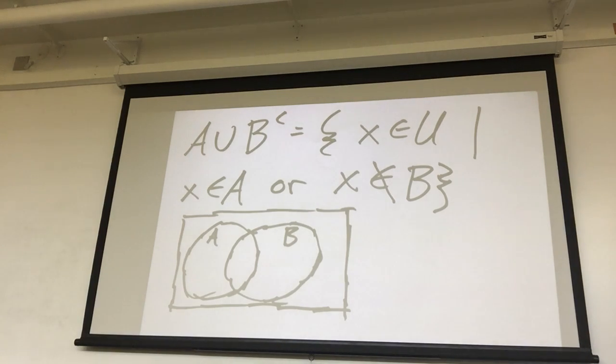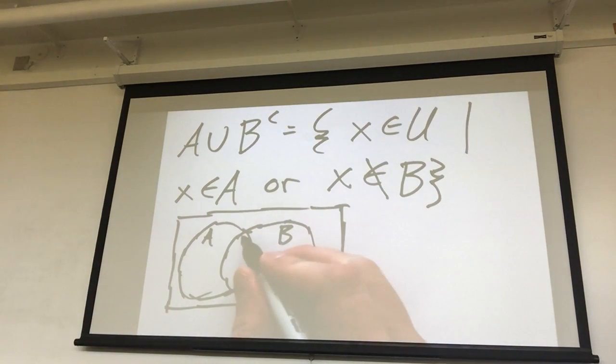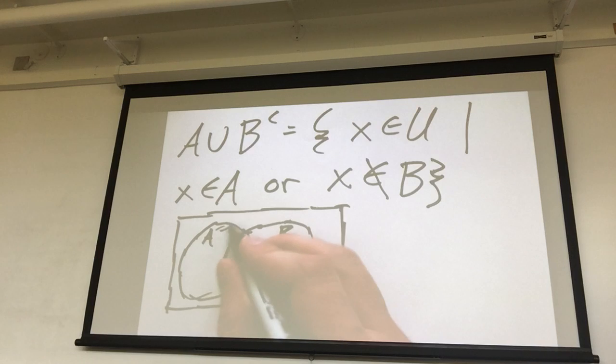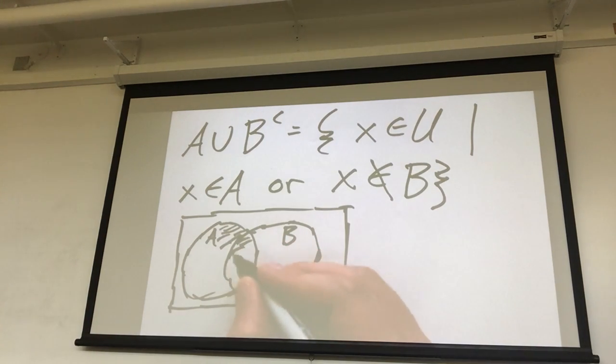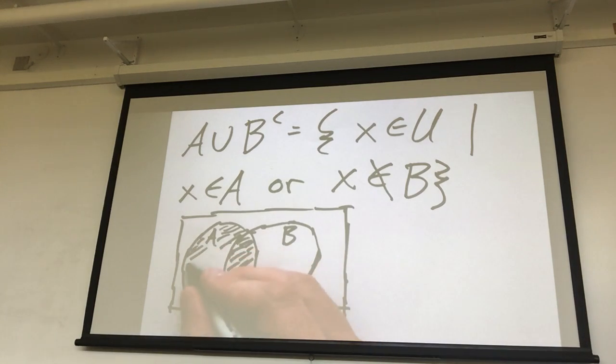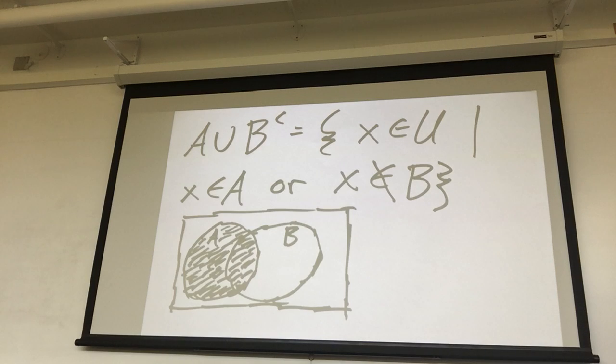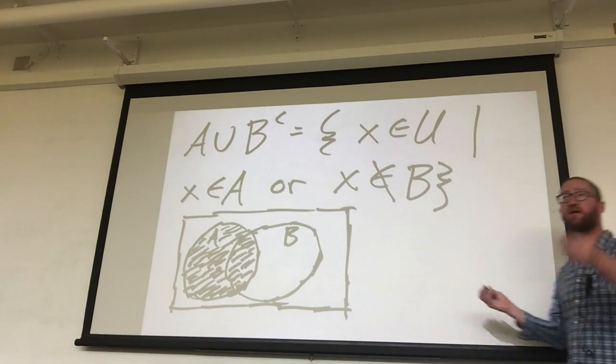So if X is in A, can exist within A, well then it'll fill up A. So let's just go ahead and we'll completely fill up A, because X can exist within A.